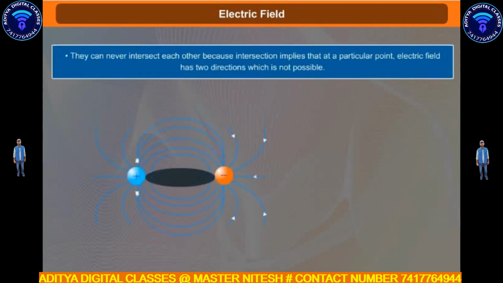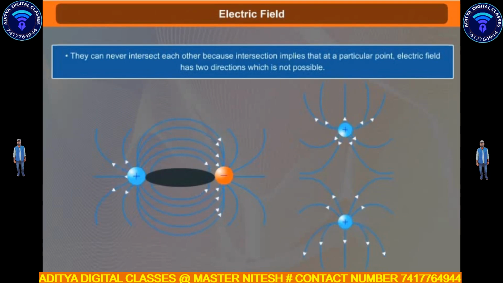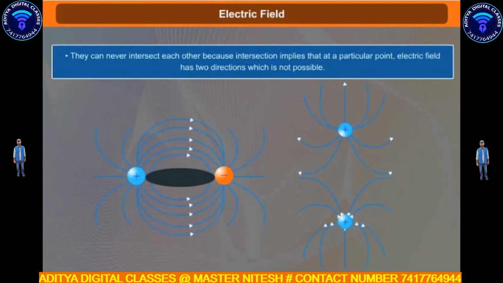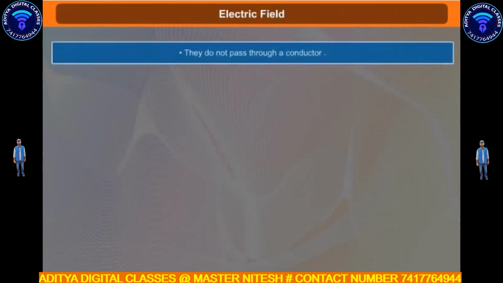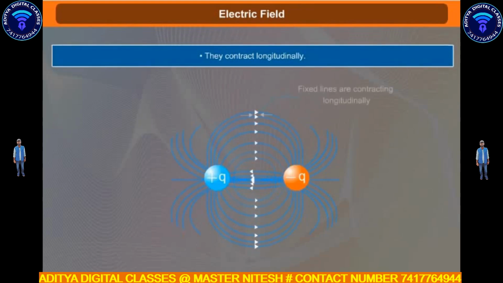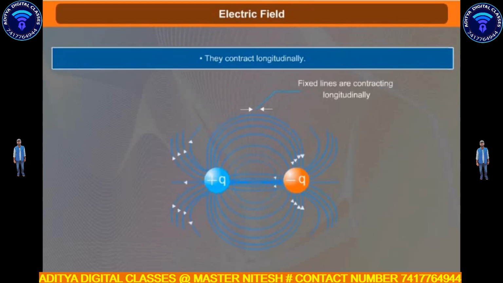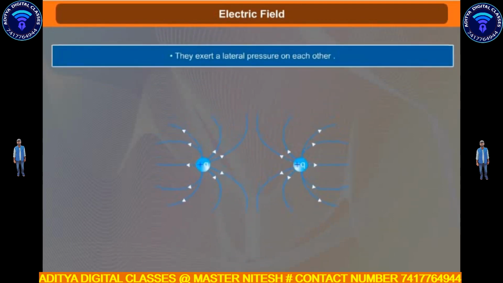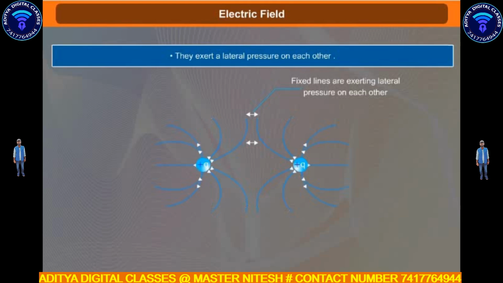They can never intersect each other because intersection implies that at a particular point, the electric field has two directions, which is not possible. They do not pass through a conductor. They contract longitudinally. They exert a lateral pressure on each other.